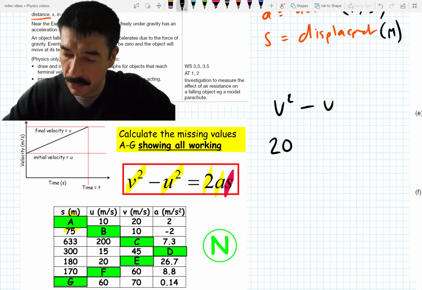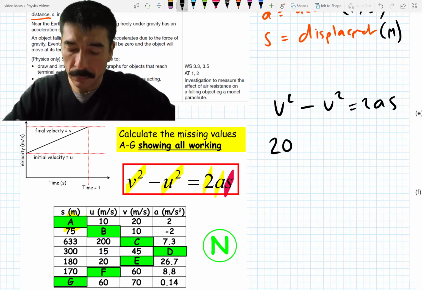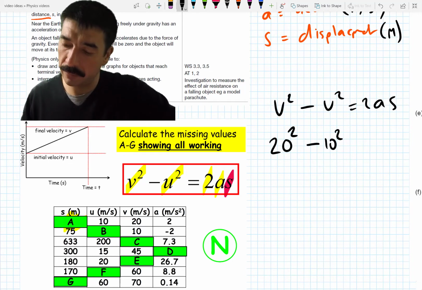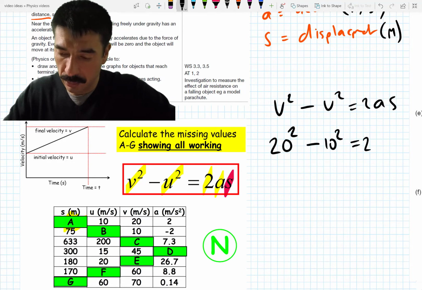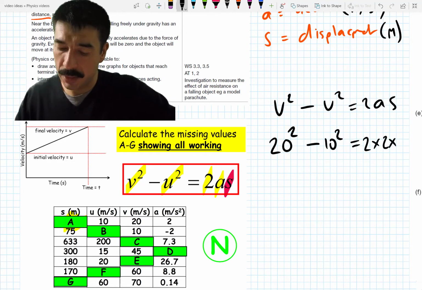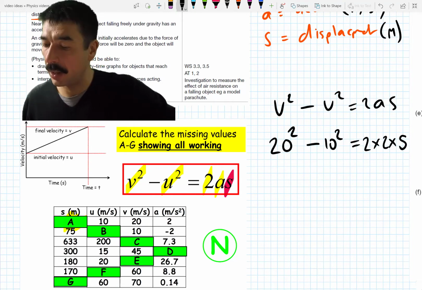V squared minus u squared equals 2as. So 20 squared minus 10 squared, because that's the initial velocity, is equal to 2 times the acceleration, which was 2, times s, which is what I don't know. So I've still got my unknown value in there.